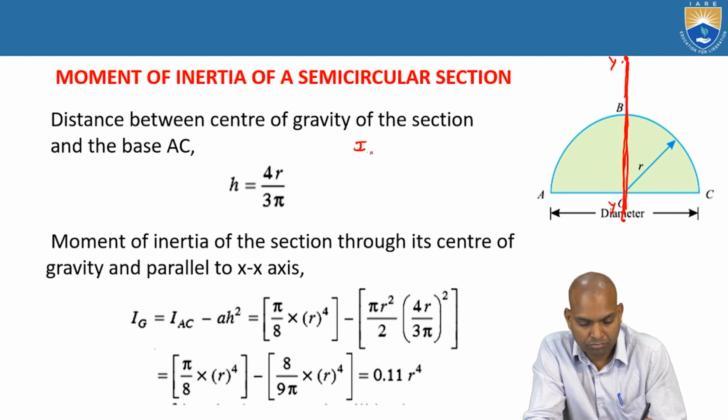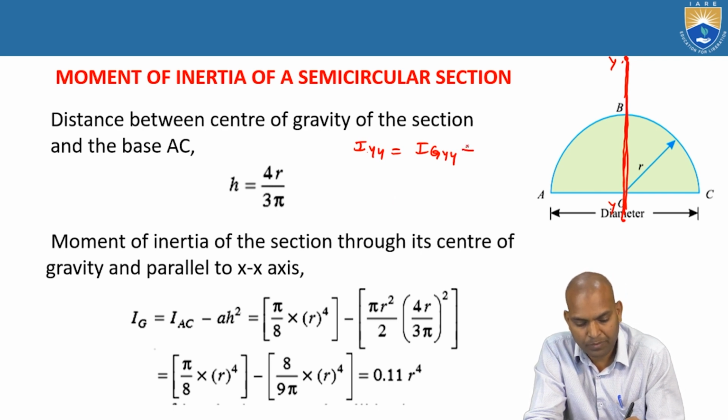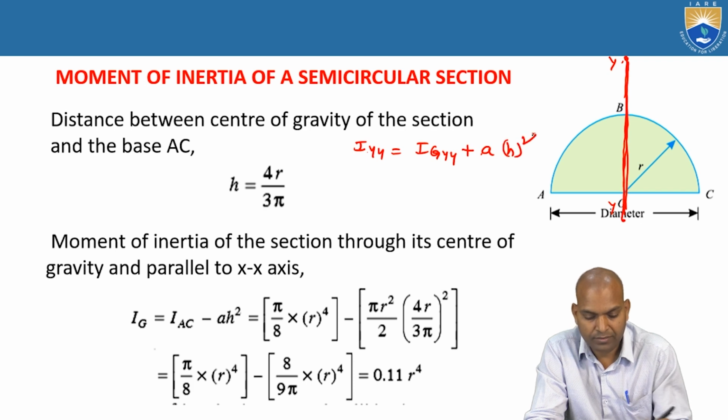Now I_YY equals, about this centroidal axis, I_GYY, parallel to the centroidal axis, plus area times h squared.